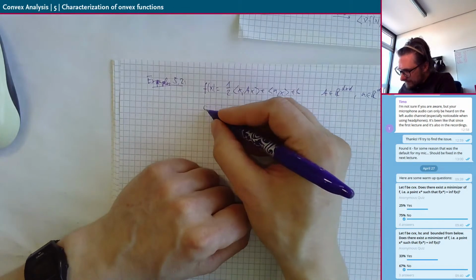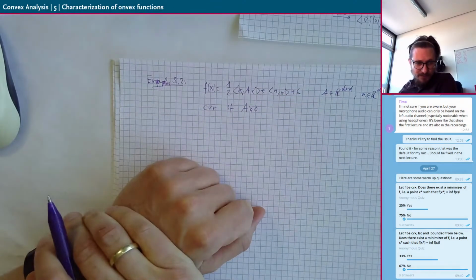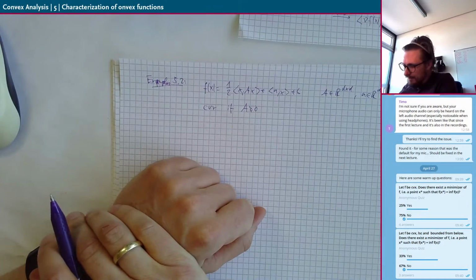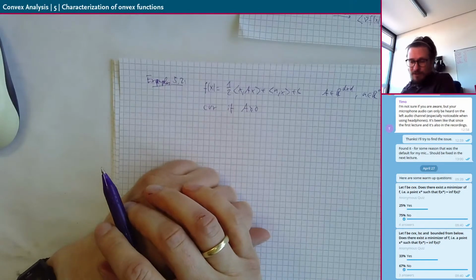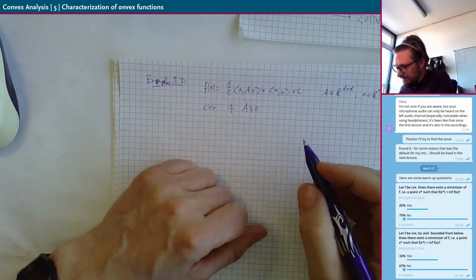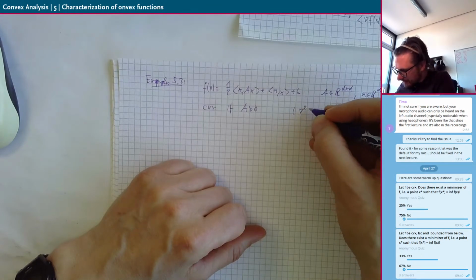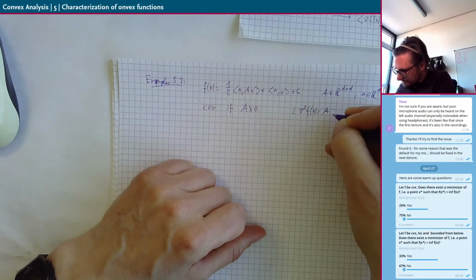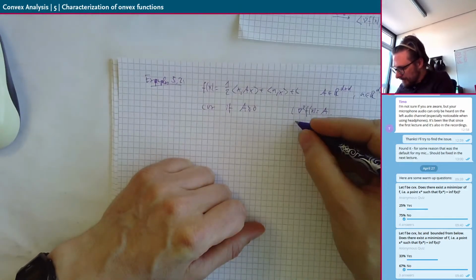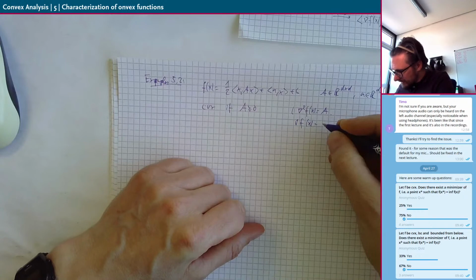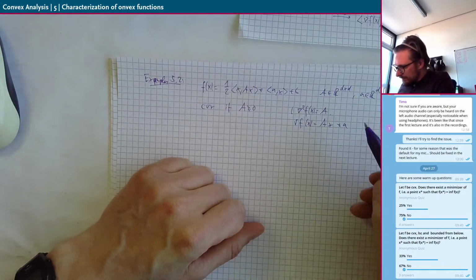And this function is convex if A is positive semi-definite, and strictly so if A is positive definite. And well, why is that? One thing is that the gradient of f of x is just, pardon, if I'm not mistaken, it should just be Ax plus small a.